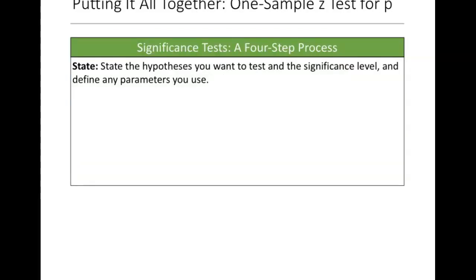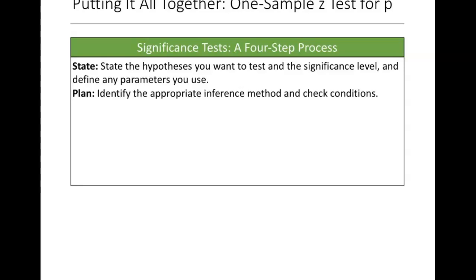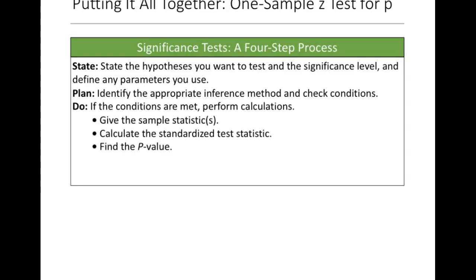All right, so just the four-step process. Again, this isn't something you have to do, but it helps you organize your thinking so you make sure not to leave anything out on a free response question. State: you'll state your hypotheses and the significance level, and define any parameter that you're going to use. Plan: check conditions. Do: perform the calculations.